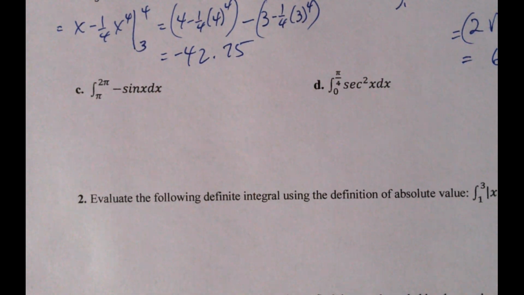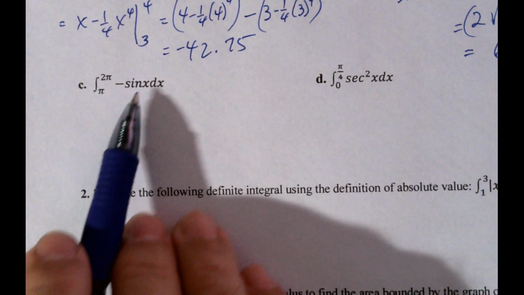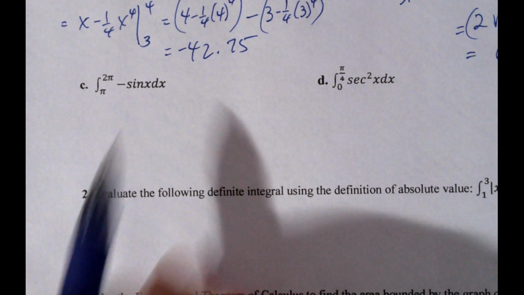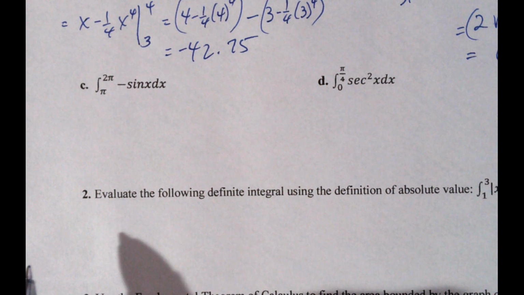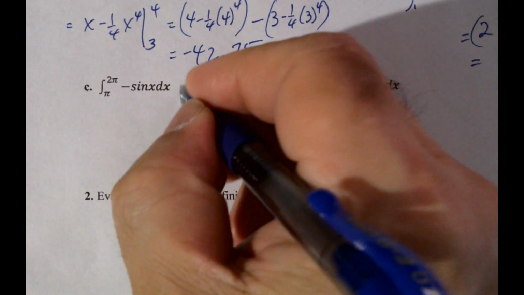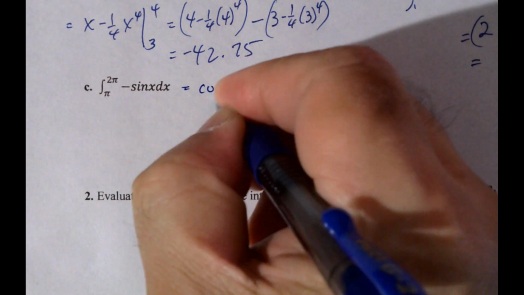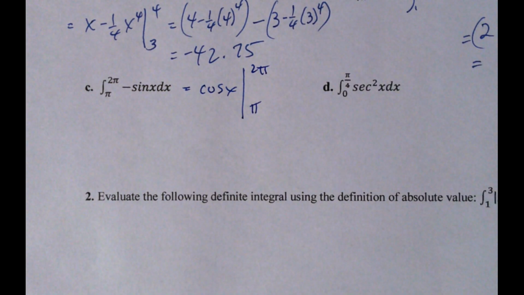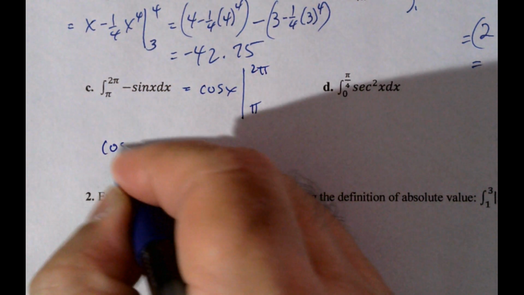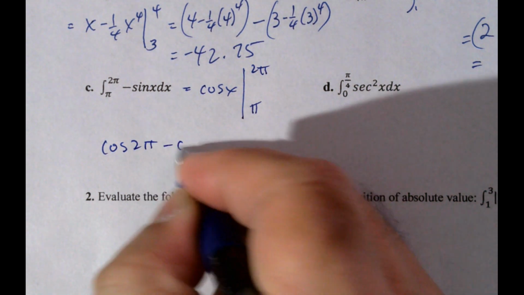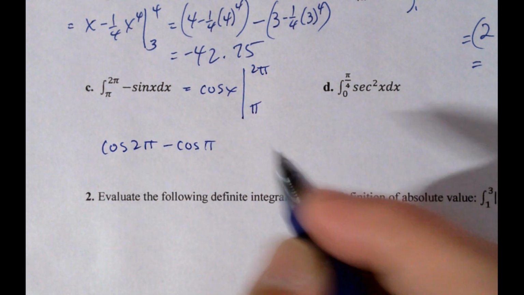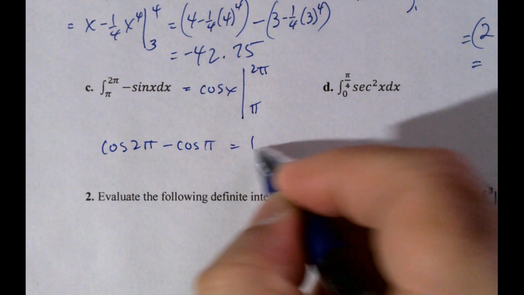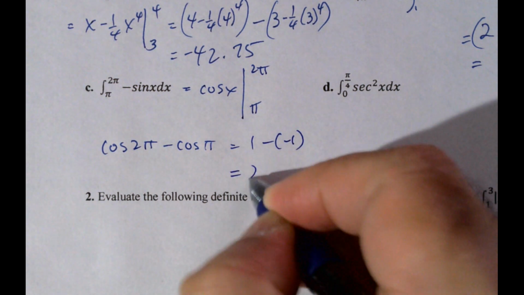Here, 2 pi, okay. So what's the integral of negative sine x? The integral of negative sine x is cosine x. So it's cosine x taken from pi to 2 pi. All right, so that's cosine of 2 pi minus the cosine of pi, which is 1 minus a negative 1, which makes 2.